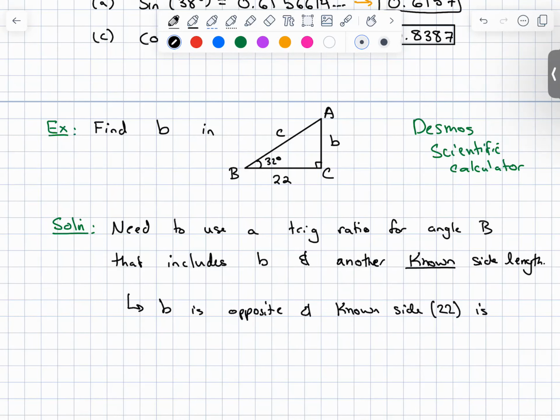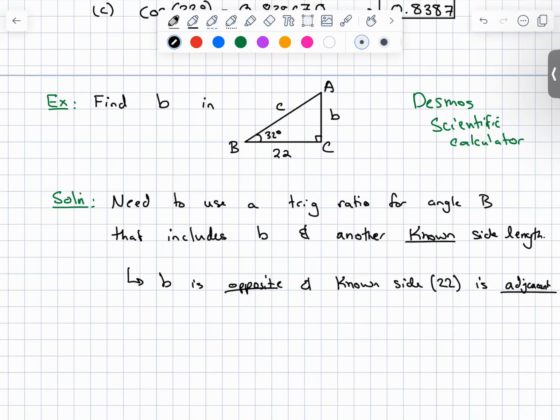The 22, it's a leg, yes, so it's adjacent. So we're going to find the opposite and we have the adjacent. Which trig function? Tangent, because SOHCAHTOA. TOA: tangent involves opposite and adjacent.